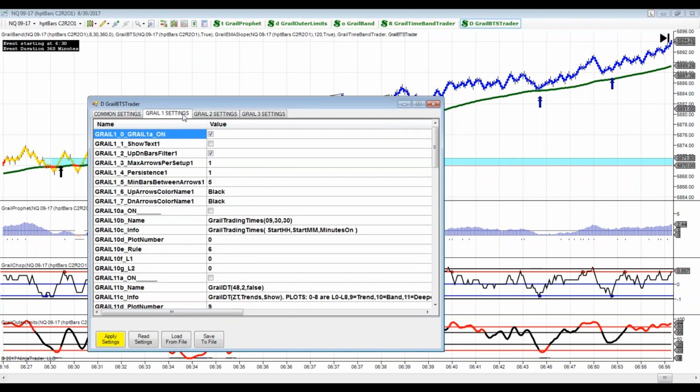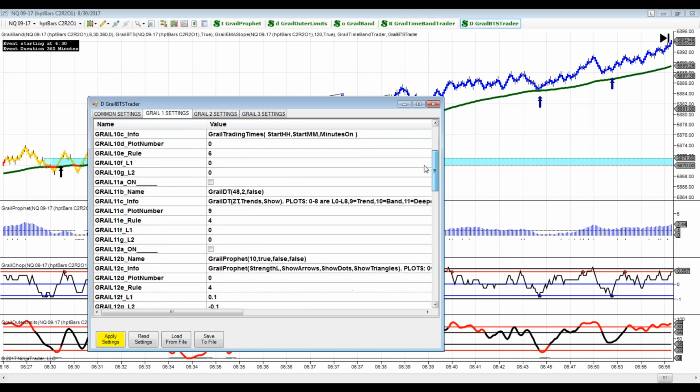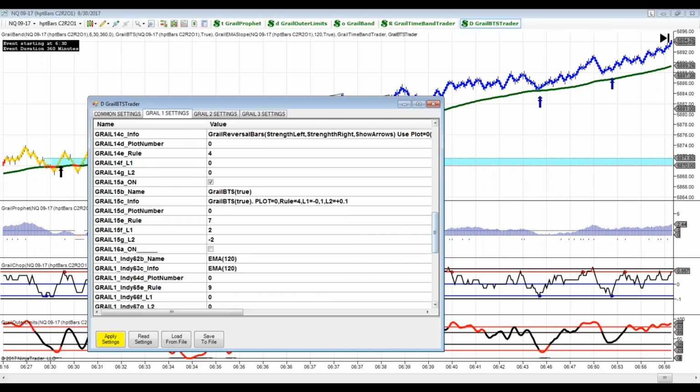The default, I believe, as it comes out, it's trading the BTS. The EMA is off. Okay, the EMA on the default is off. So if you want it on, just click it on.